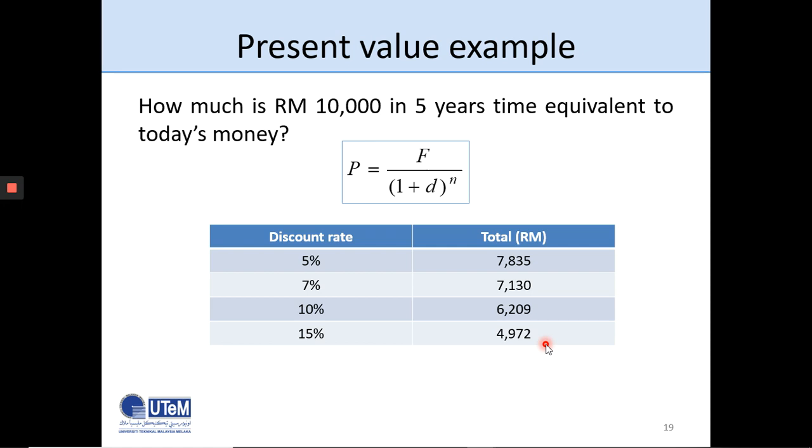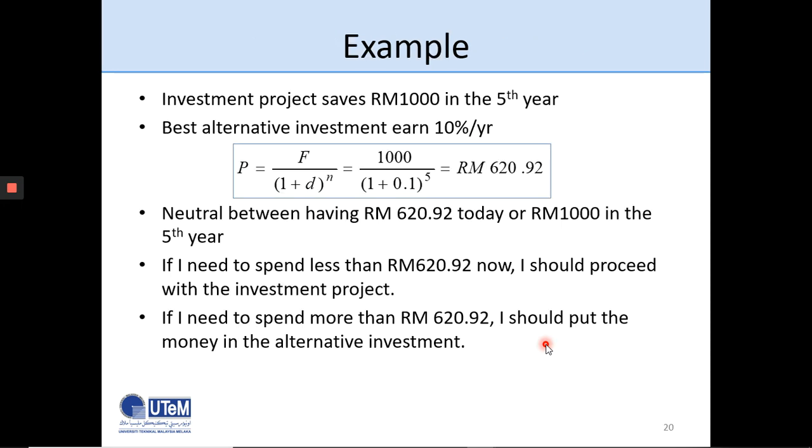Now, how do you apply this concept for determining your investment? Let's say you have an investment project that saves 1,000 ringgit in the 5th year, the econ example just now. On the other hand, you have an alternative investment that you can earn 10% of interest per year.